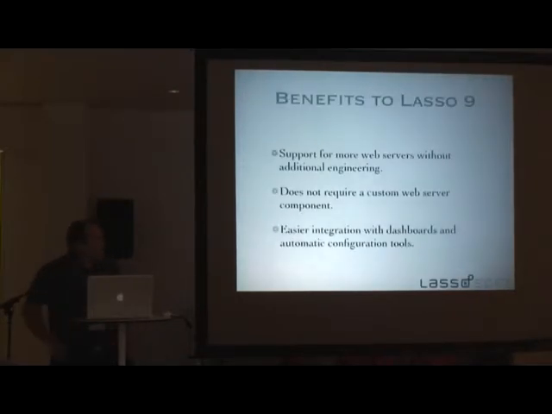So the big deal for us with FastCGI is that we can support more variety of different web servers without additional engineering on our part. Once we support the API, we only have to address minor problems with the FastCGI implementations on different web servers. So that eliminates the need.